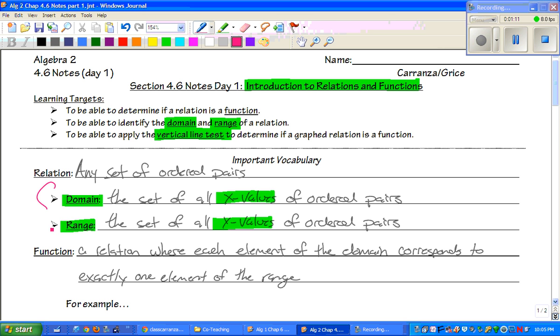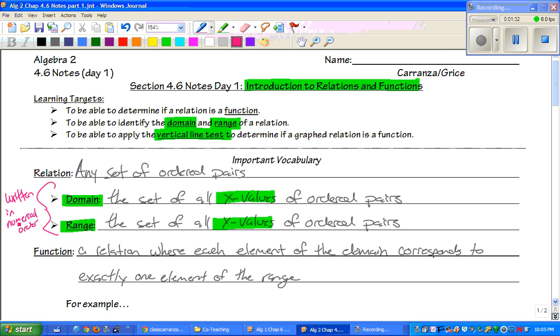Now, anytime that you see these pairs, they're always written in numerical order, so it's pretty much from the least to the greatest, all the time.